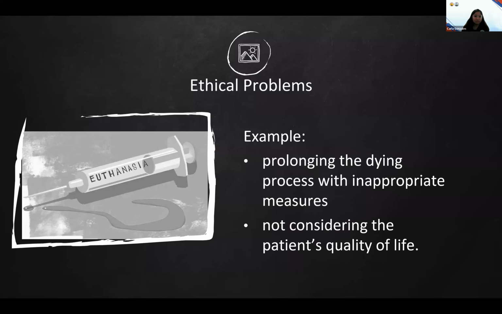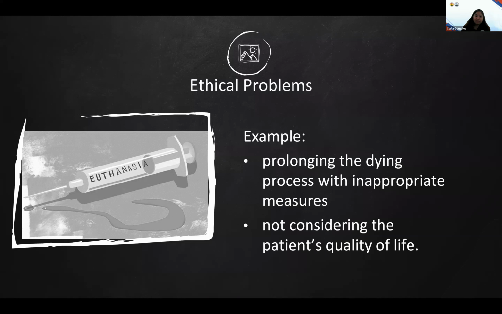Ethical problems usually ask, what is the right thing to do? So what if there is no really right or wrong thing to do? For example, should nurses be allowed to assist in euthanasia or even prolonging the dying process with appropriate measures? This type of question, especially when we deal with euthanasia, is a moral question.